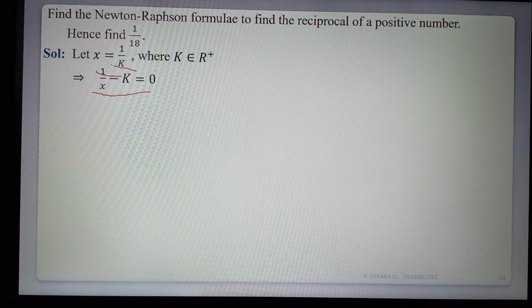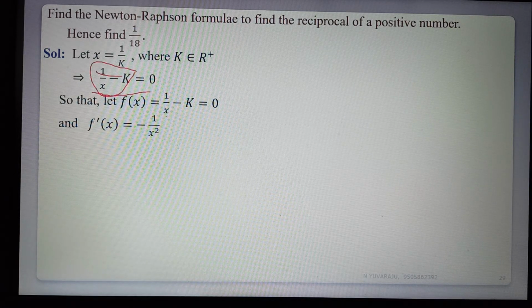Therefore this is the required function f of x. Let f of x is equal to 1 by x minus k equals 0. Then f dash of x is equal to minus 1 by x square.